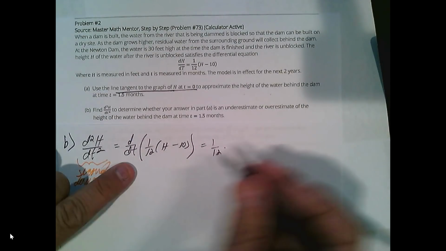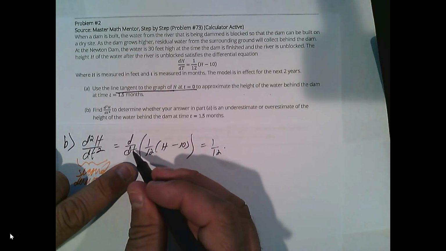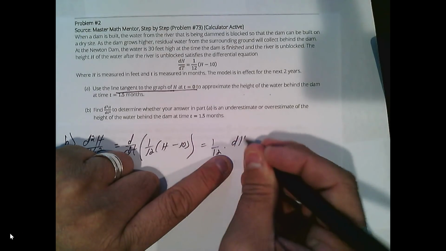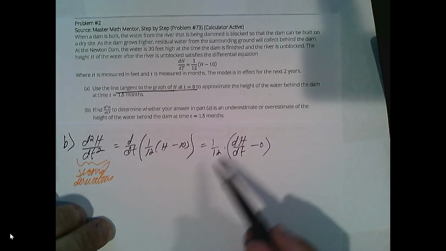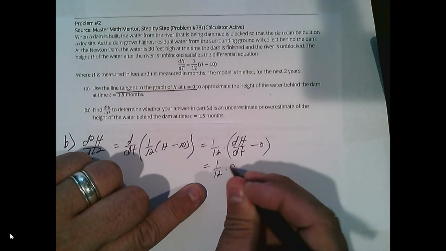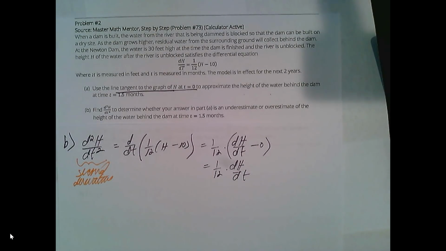So 1/12, the derivative of (h minus 10) with respect to t. t is your variable, is dh/dt minus 0, or just dh/dt. So you get 1/12 dh/dt.